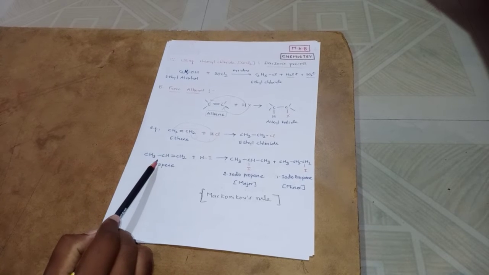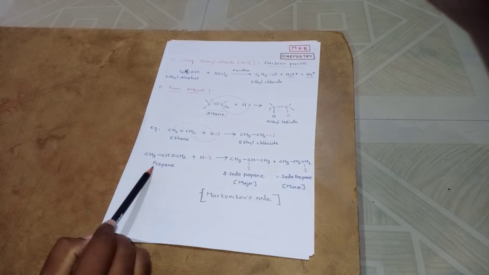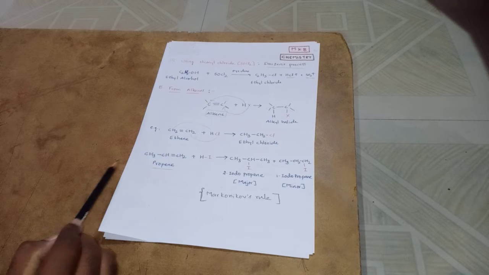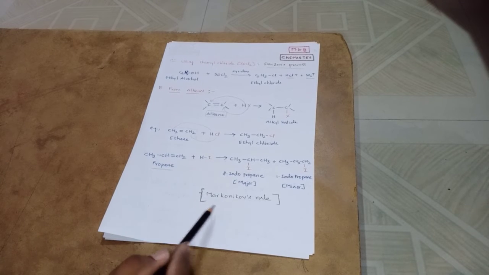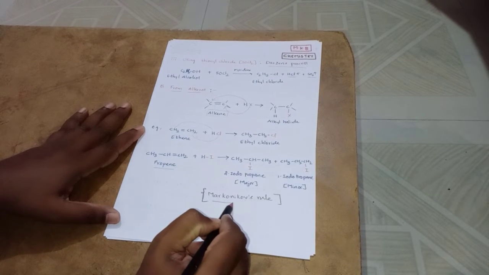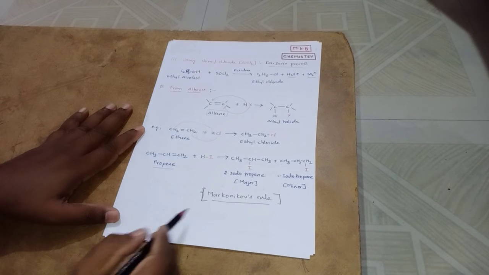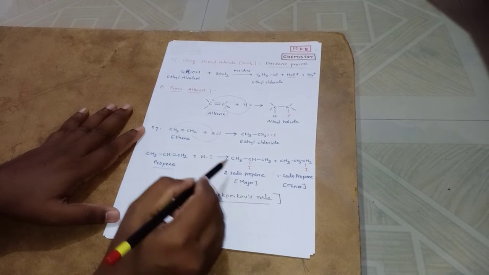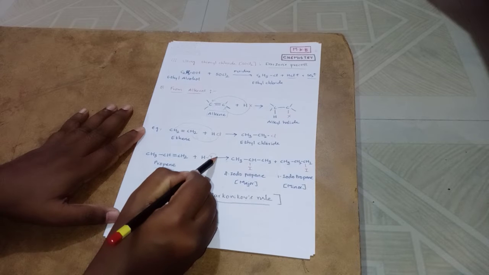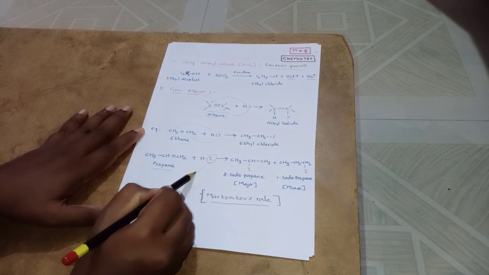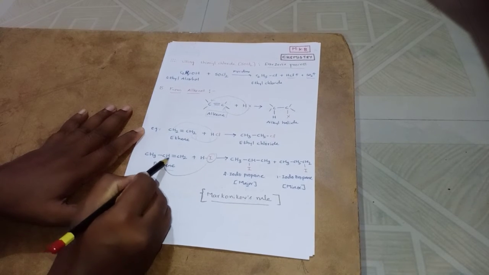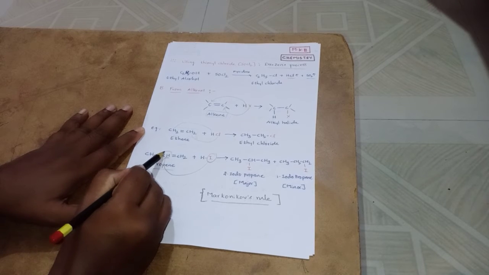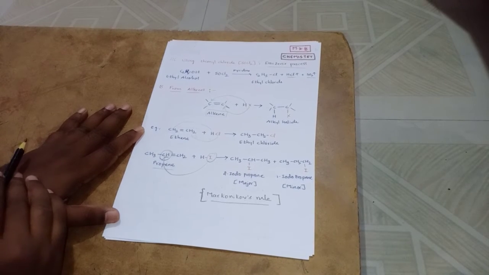But for unsymmetrical alkenes such as propene, this reaction follows Markovnikov's rule. According to Markovnikov's rule, the negative part of the reagent goes to the double bonded carbon having the least number of hydrogens.